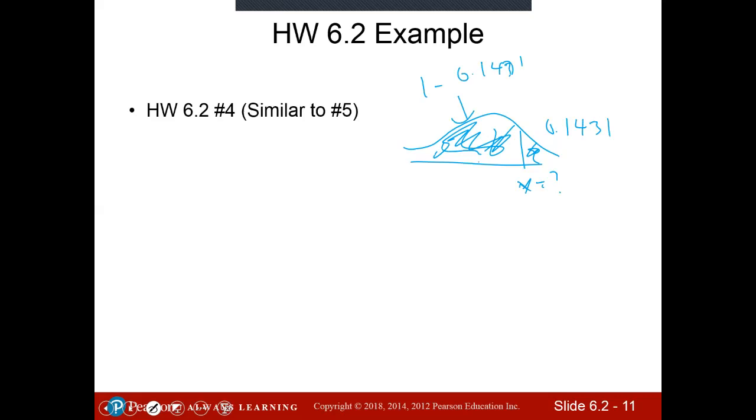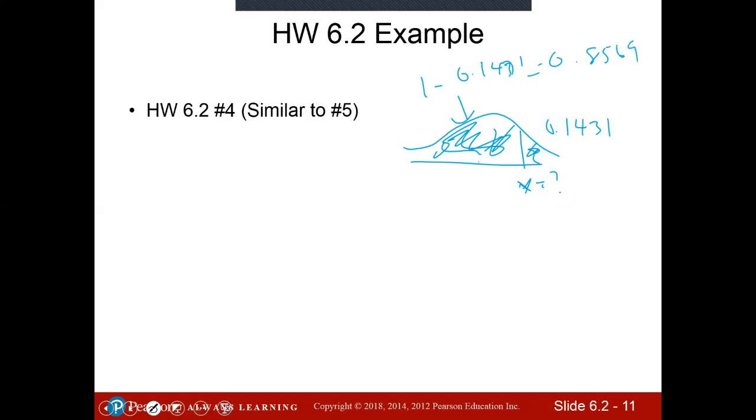That area is 1 minus 0.1431, which is 0.8569.